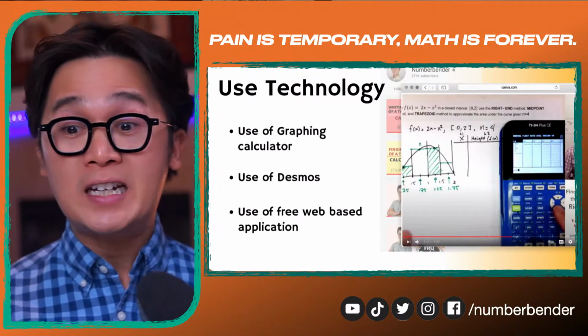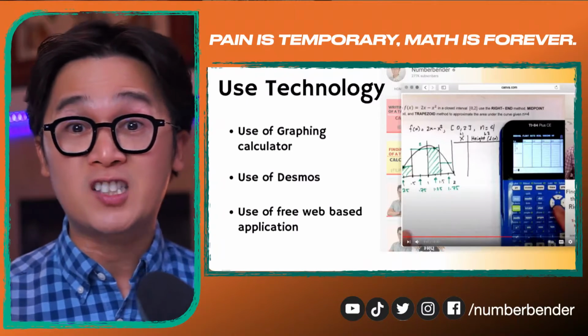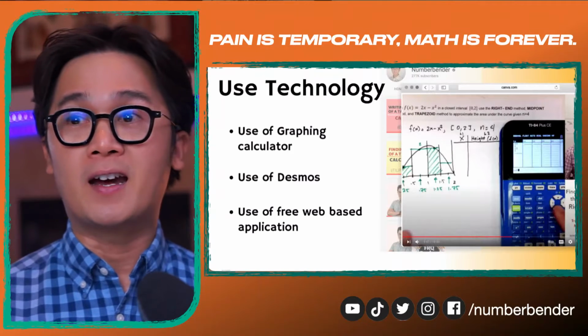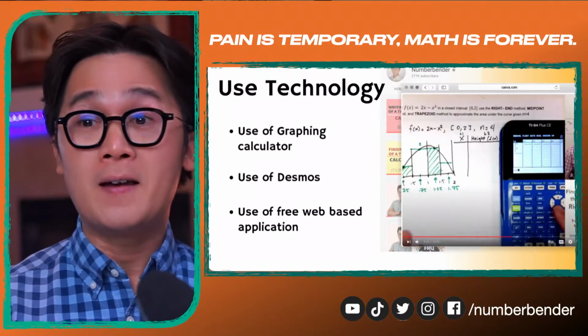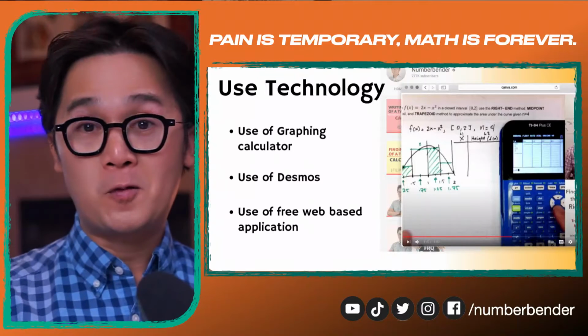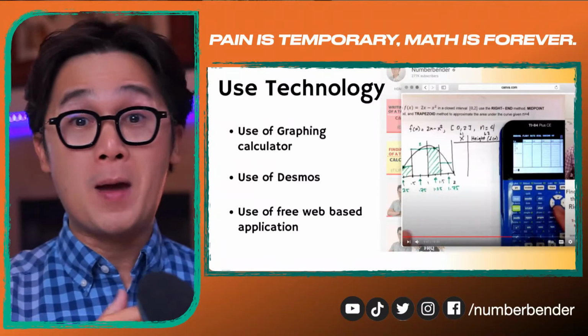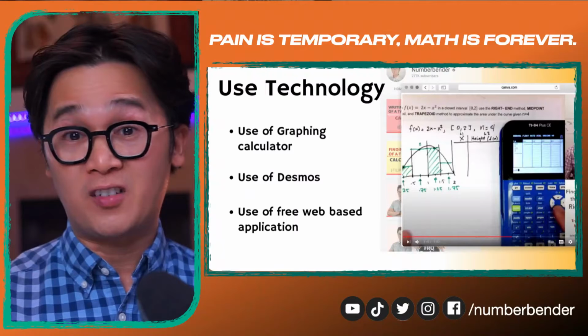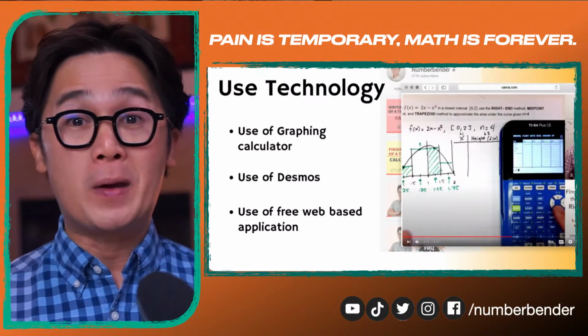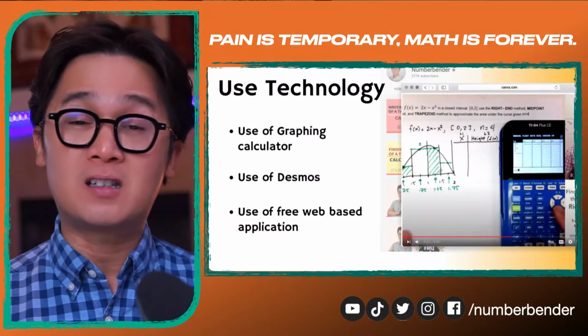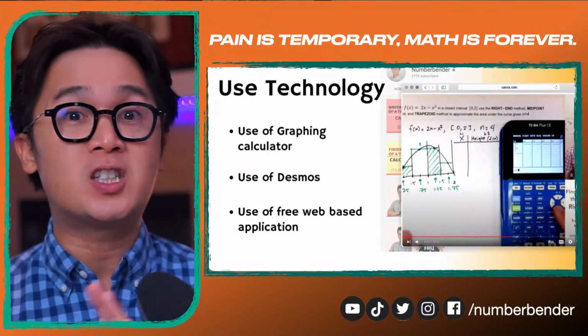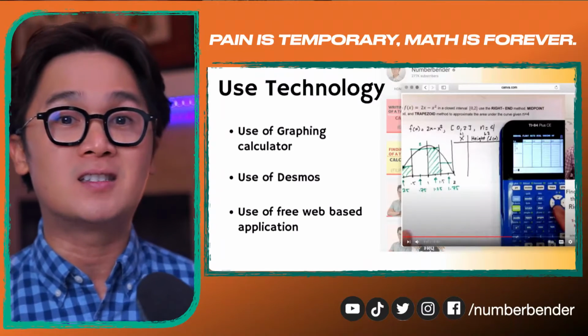So technology, using technology is not cheating. All the times, every time I give them homework, I always tell them to use some web application that they could use to verify their answers. So making sure that the calculations that they're working on manually matches what the technology is showing them.